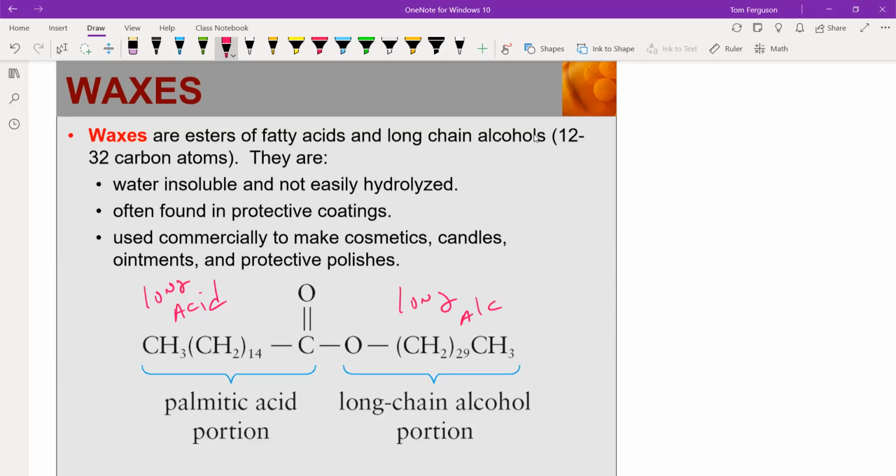So there's no 3-carbon backbone. And this is like candle wax. Waxes are used a lot. And the chemistry of the wax depends on what acid you're using and what alcohol. But they're very simple. It's just a single ester.